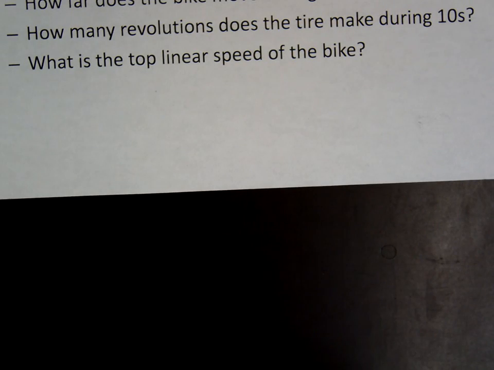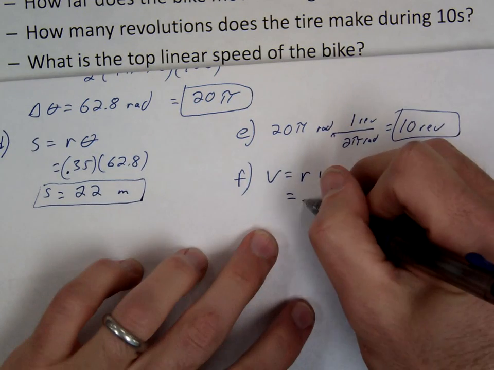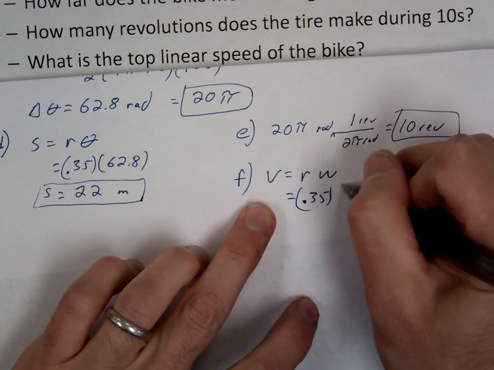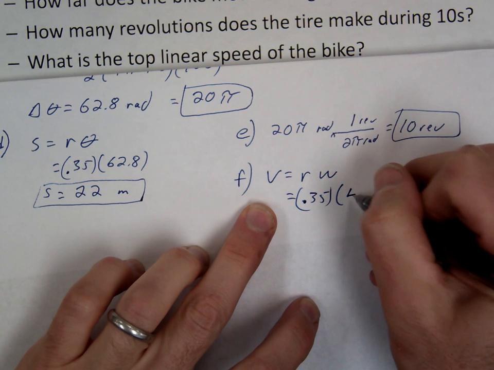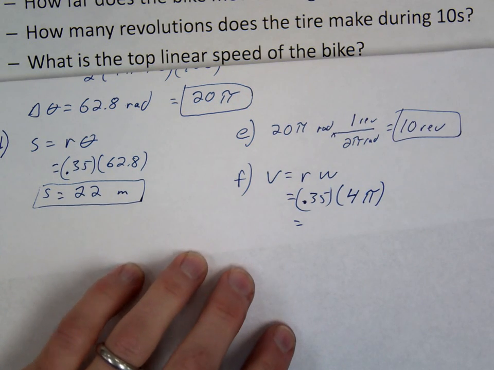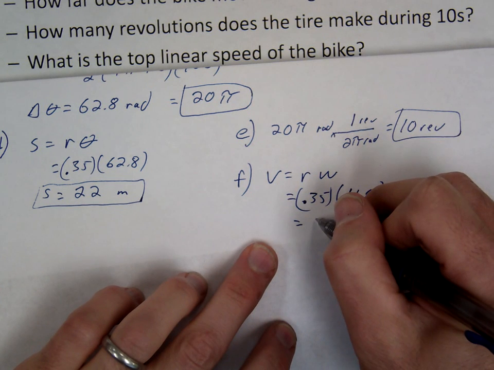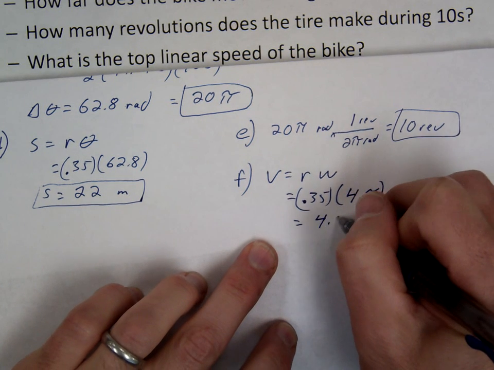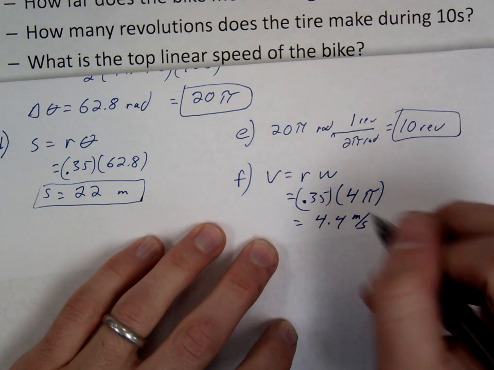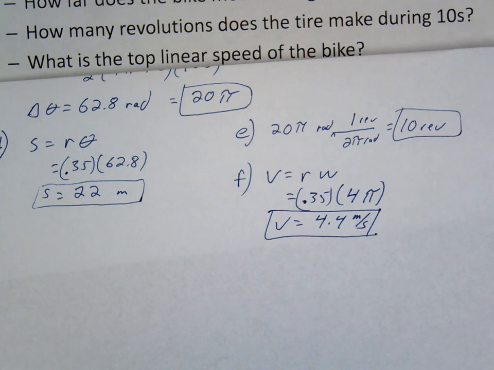Okay, so our omega, top speed omega, was 4 pi. Okay, 4.4 meters per second.